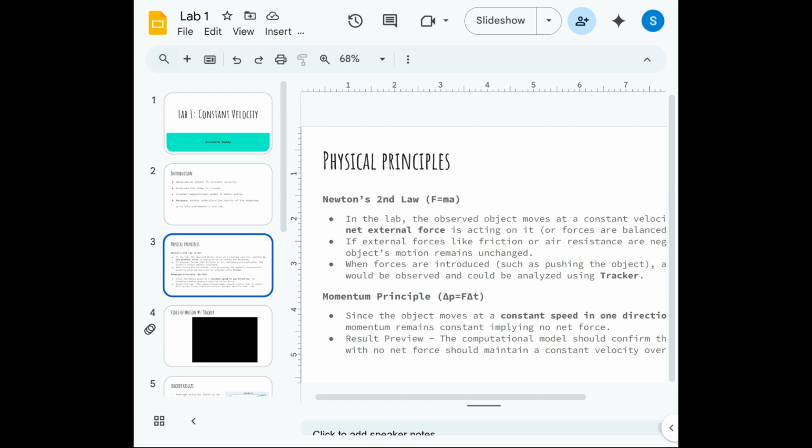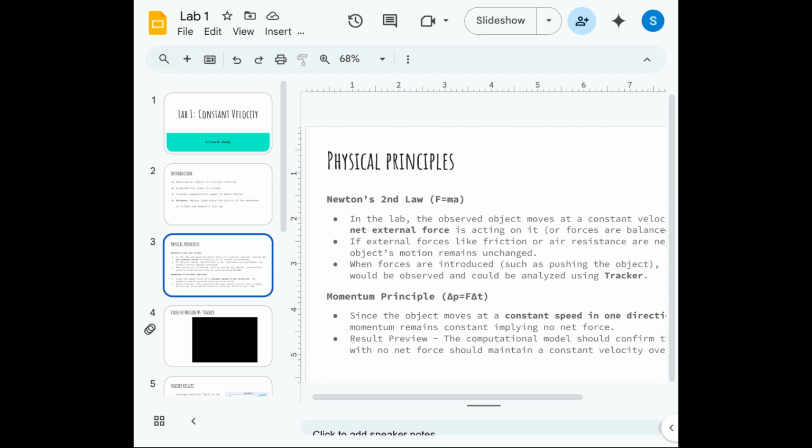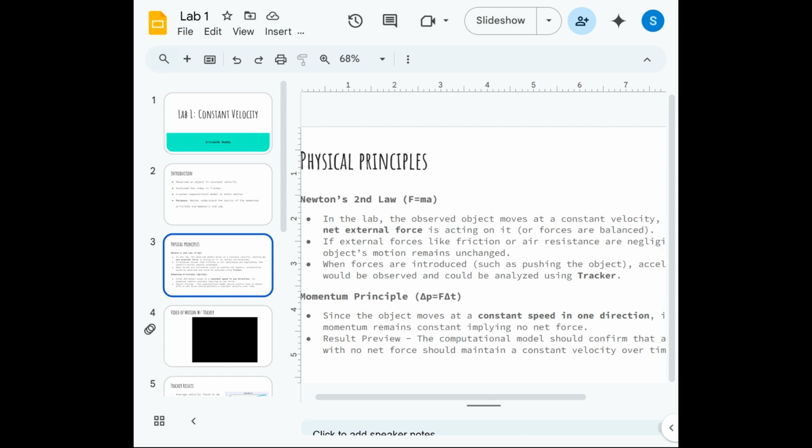Because F equals zero, then change in p is also zero. So there is no change in momentum. Therefore, we can conclude in both cases that there is zero acceleration and no net force in the x direction. And we were able to put this in GlowScript and track that.